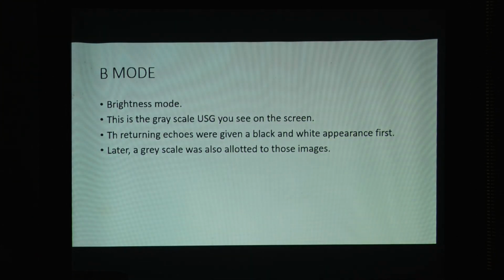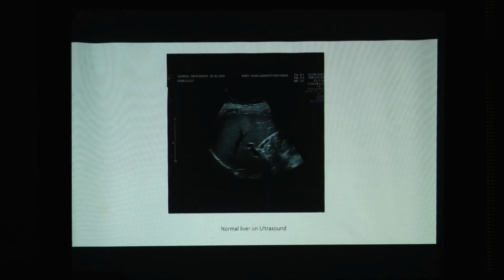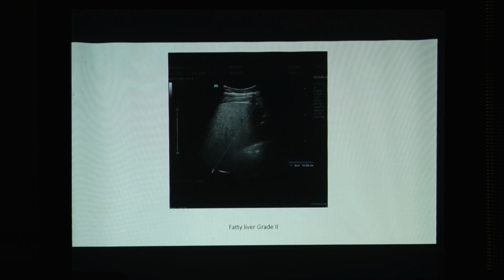B mode is, as I said, B mode with the grayscale facility. This is the normal liver with the diaphragm, hepatic veins, portal vein, etc. So this is a normal liver, whereas in this image the attenuation is high due to the presence of fatty liver changes.